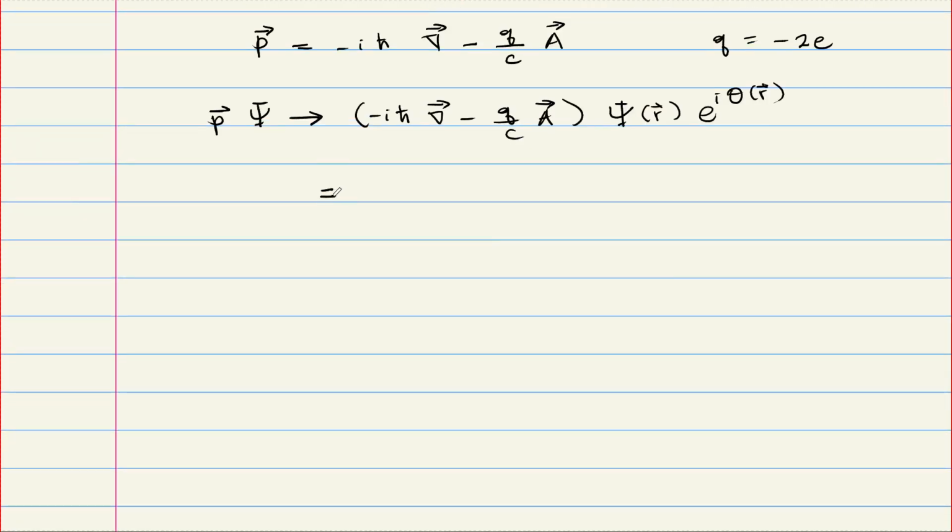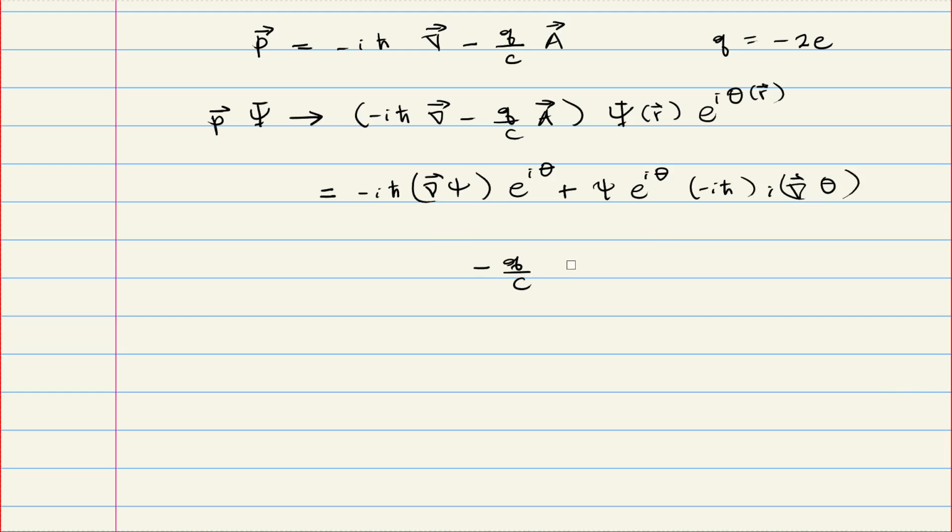What this will be is minus i h bar gradient of psi times e to the i theta, plus psi e to the i theta times minus i h bar; hitting on the phase gives me i gradient of theta. And lastly there is the term minus q over c A psi e to the i theta.